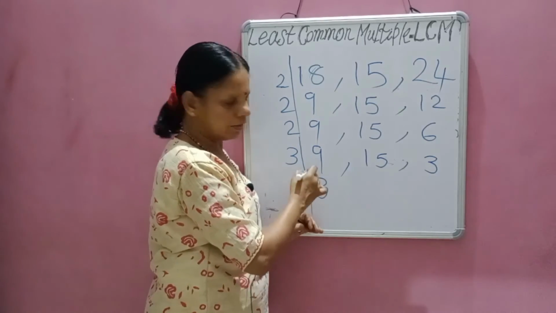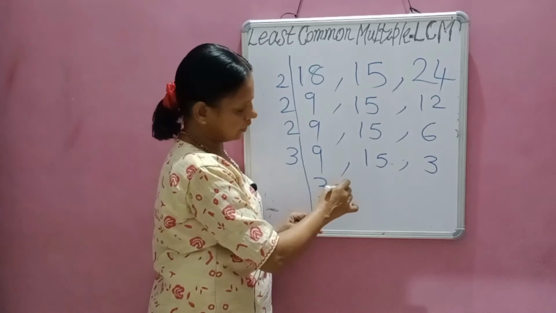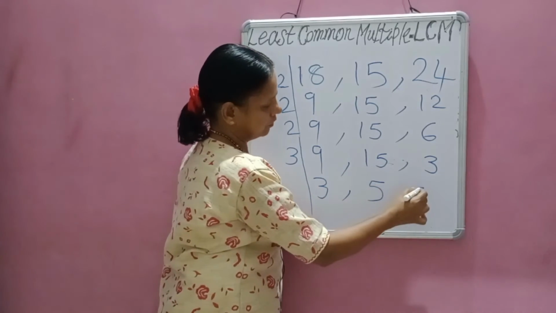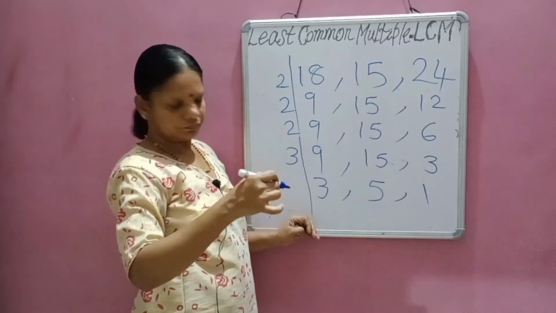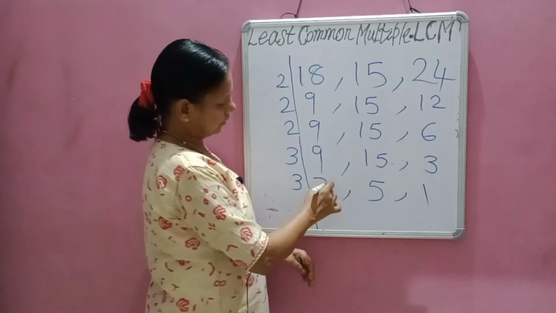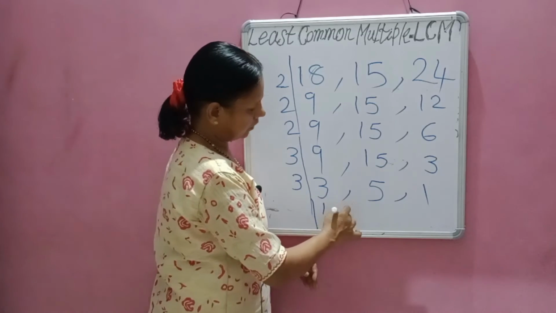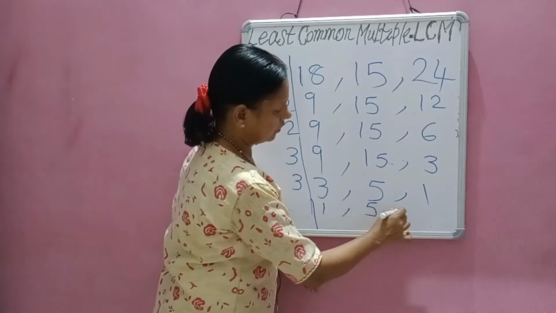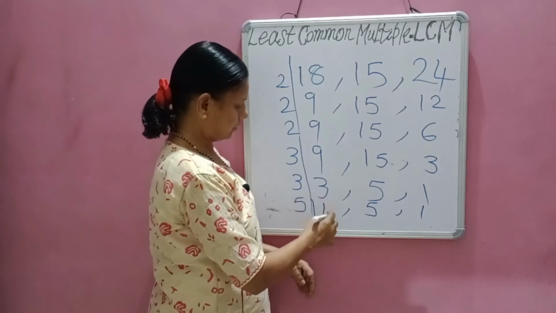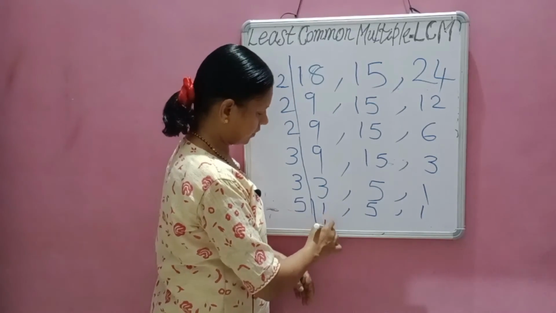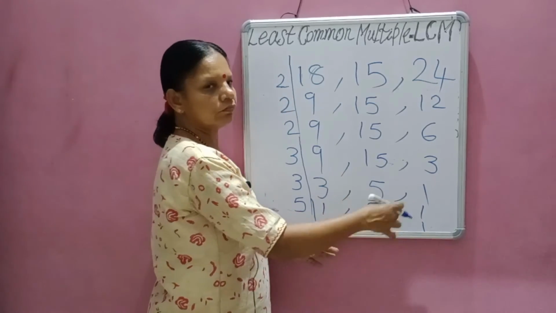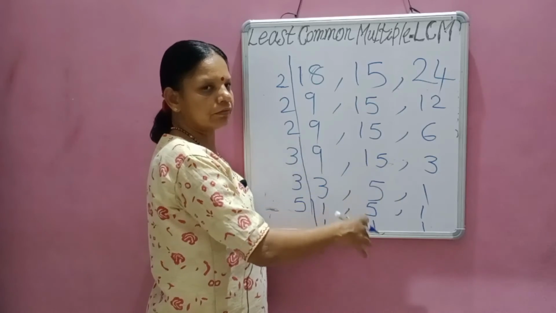Here it becomes 3. 3 3s are 9. 5 3s are 15. 3, 1. Again you can write 3. Here it becomes 1, here 5, here 1. Again you can write 5. Then at last you will get 1, 1, 1. Till all the numbers become 1, 1, 1.